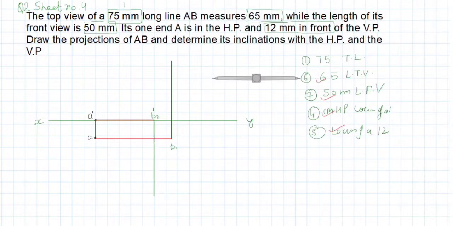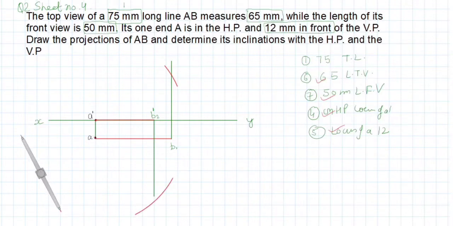Now the true length is 75, so we will place one end of the compass here and rotate it. Wherever this arc cuts the projector of B1, that will give us the point B1 dash. Similarly for the lower one, we keep the compass on A and make an arc like this.